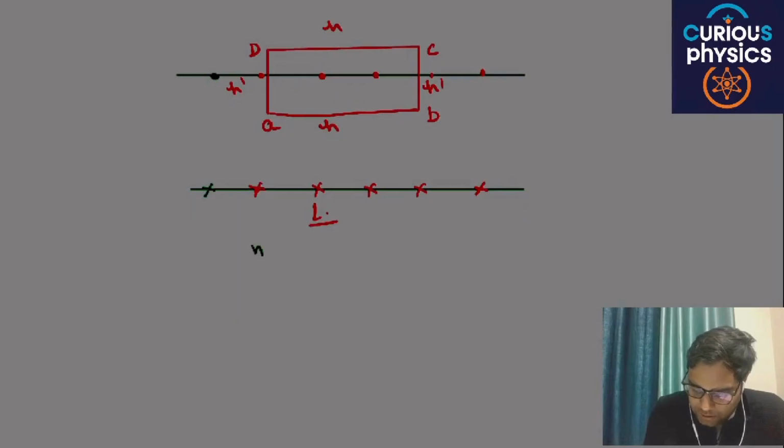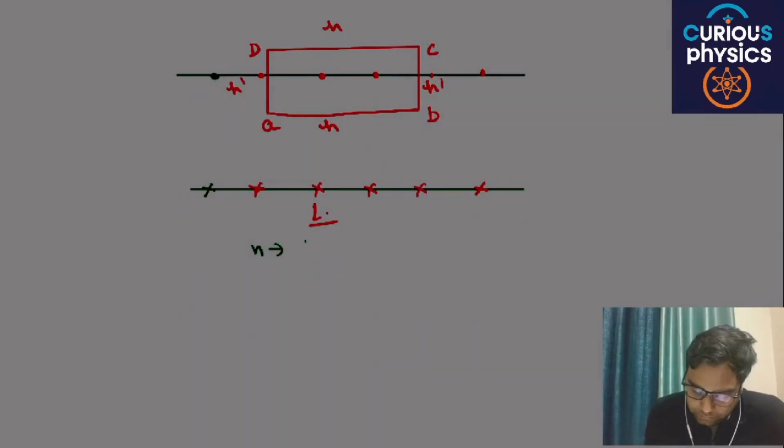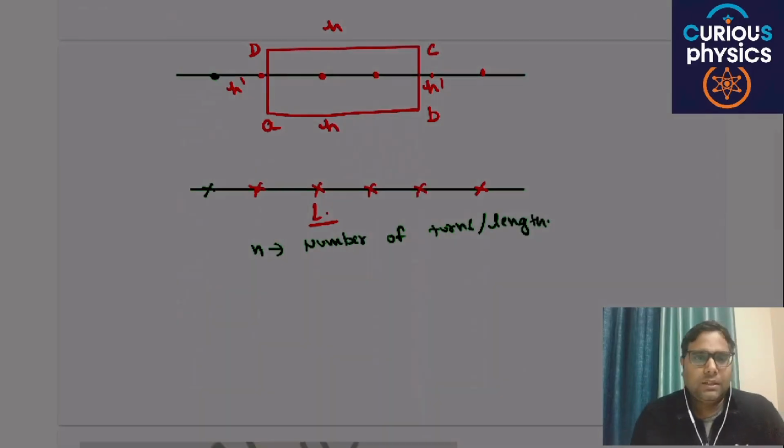Small n is nothing but the number of turns per unit length. Are you able to understand my point or not?